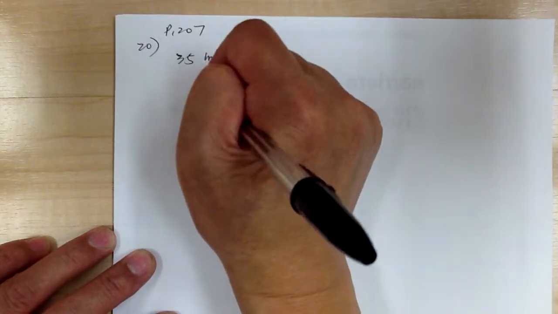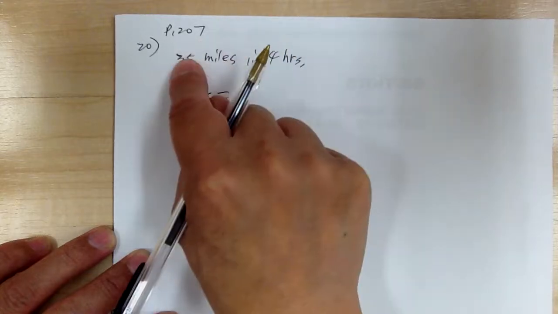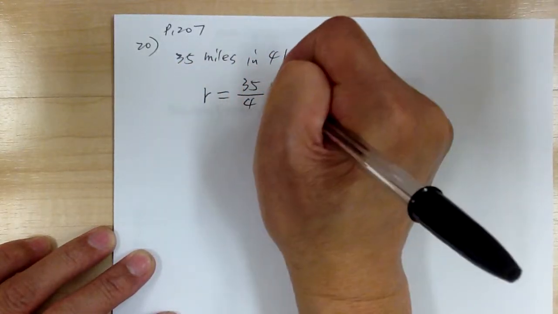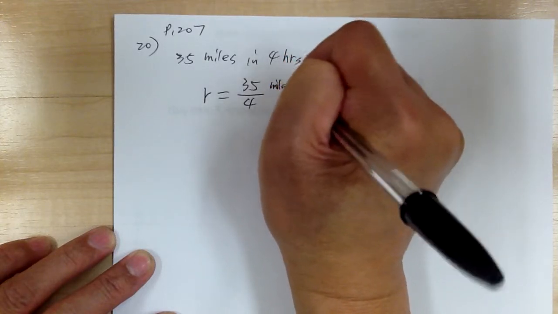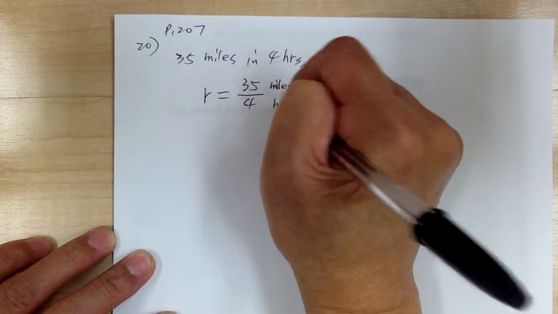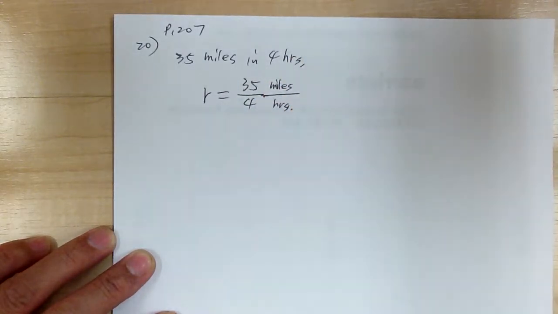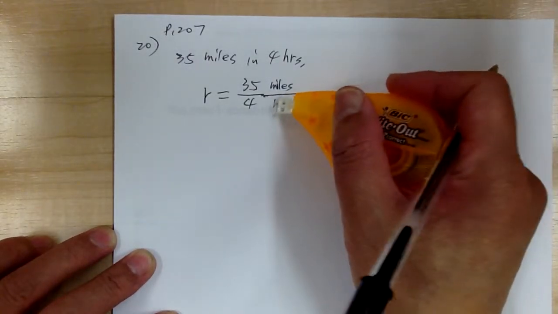So you want to look for the rate. The rate is miles to hours, so it would be just 35 over 4 miles per hour. And so that would be your fraction.